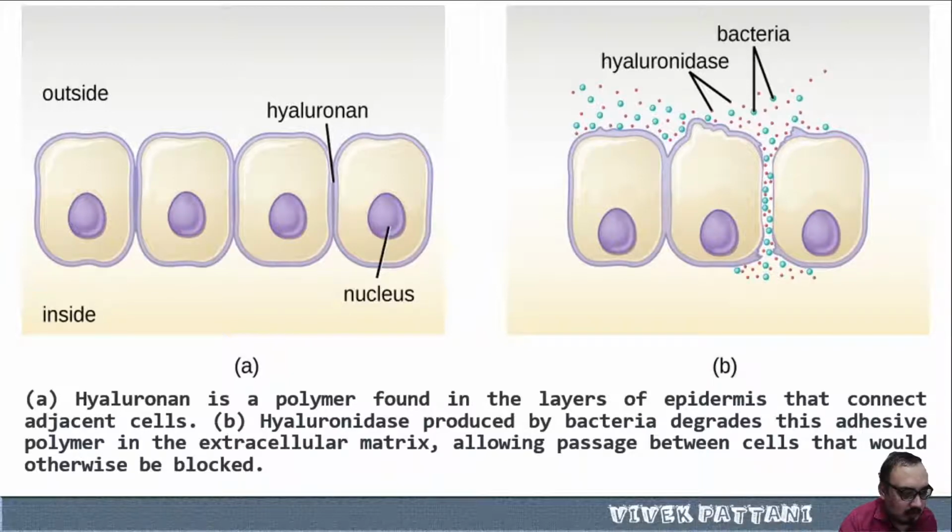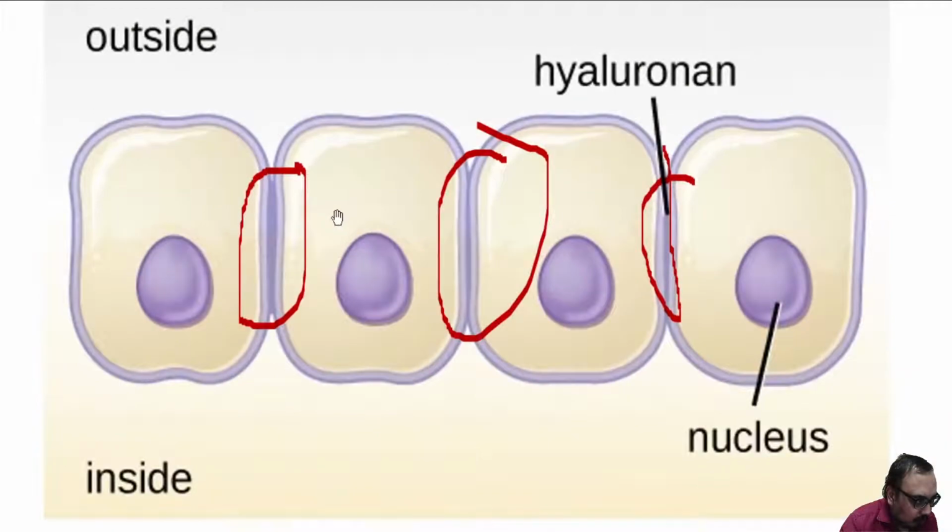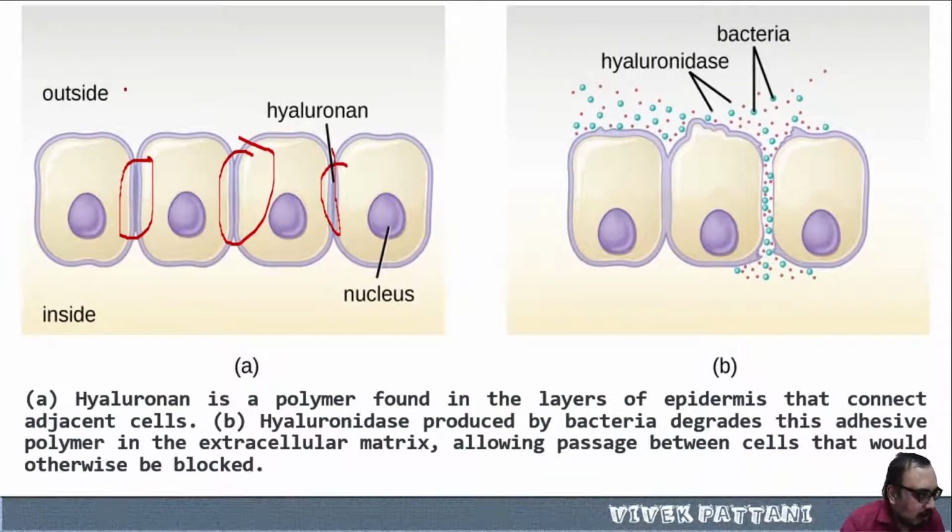In this diagram, this is hyaluronic acid, or hyaluron, found inside and outside of the cell.